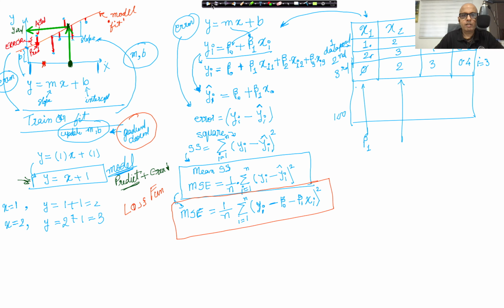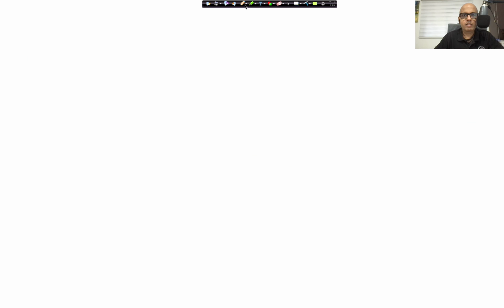And to do that, we can create a new page, and we can start calculating the derivative. So first, I'll just simply write the MAC equation that we have, and that is equal to 1 divided by n, and then we have the summation i equal to 1 to n, and then in here we have the value yi, which is the original value, minus the predicted value, for which we said we would put the values of beta 0 and beta 1.